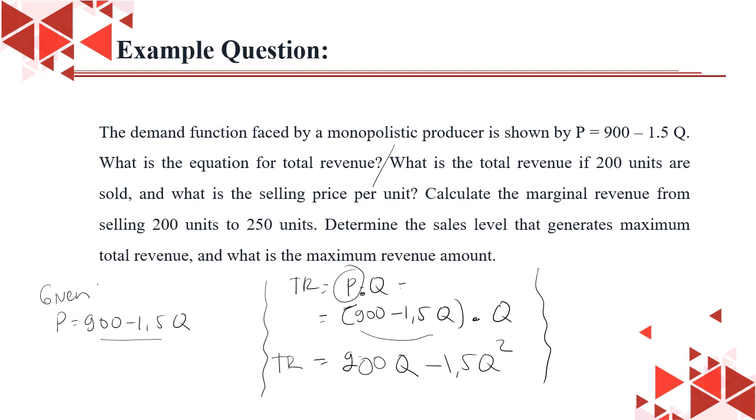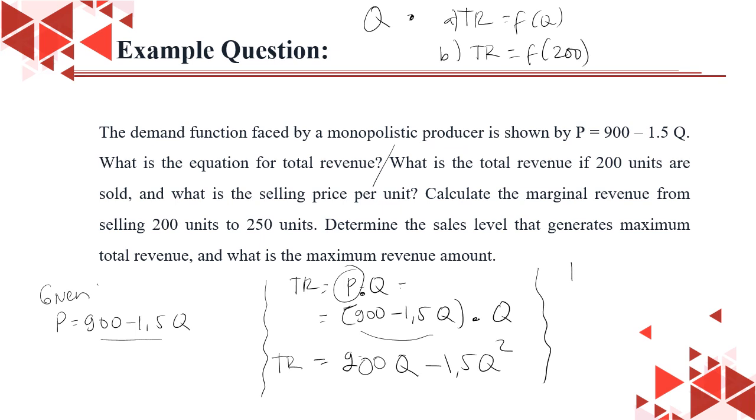Next, what is the total revenue if 200 units are sold? So I will give the questions here. A is the total revenue function, and B is what is the revenue if Q is 200.